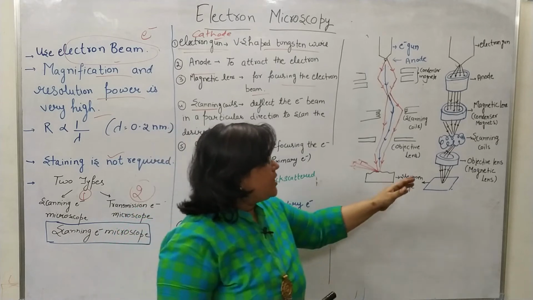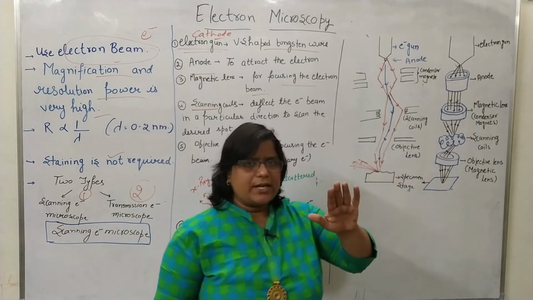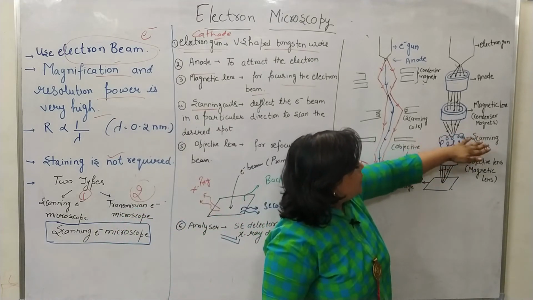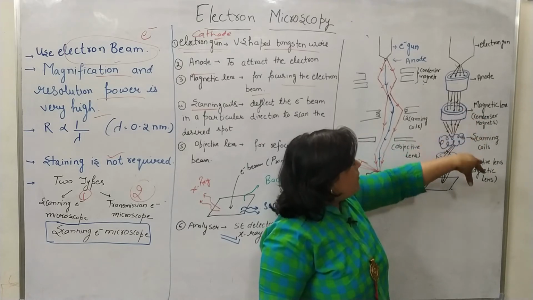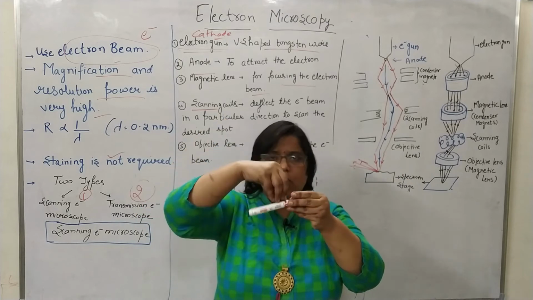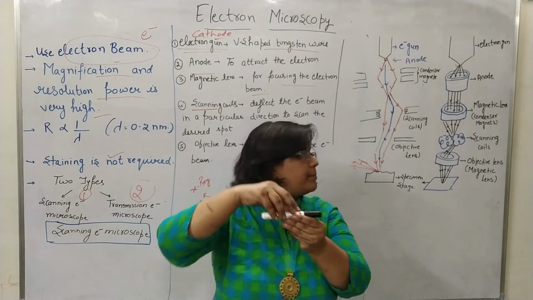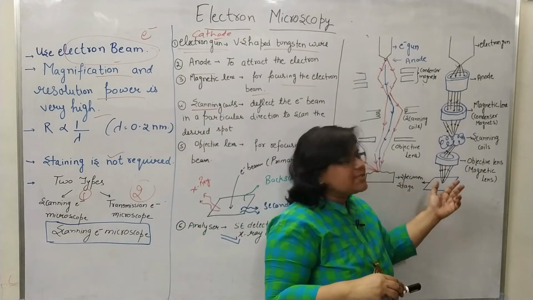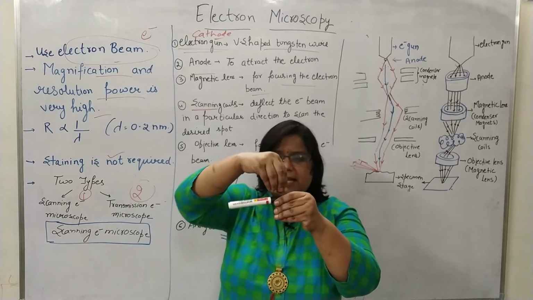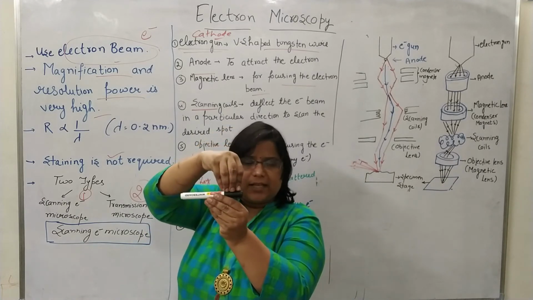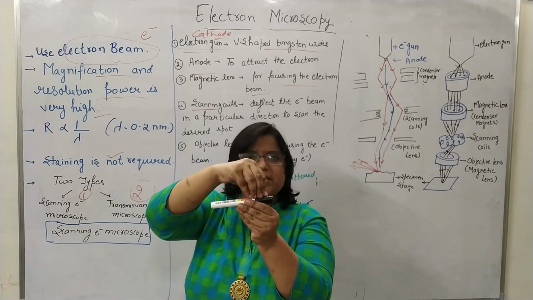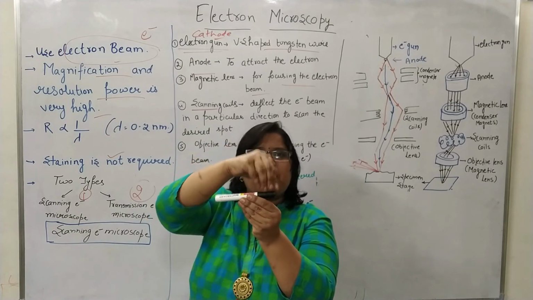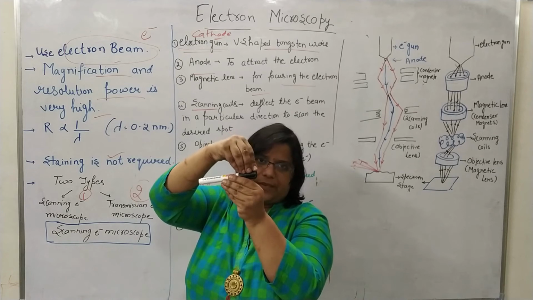Suppose there is no scanning coil, just remove this scanning coil. Then the magnetic lens would focus the electron beam directly towards the specimen, and only this part would be observed.